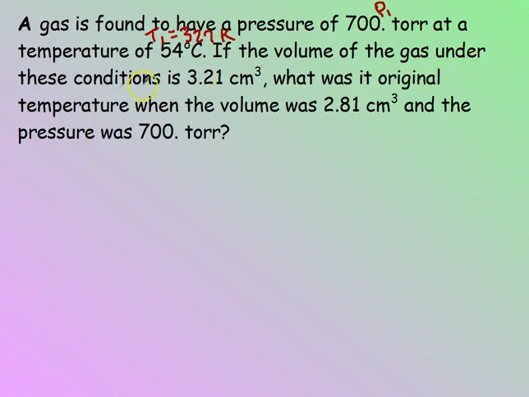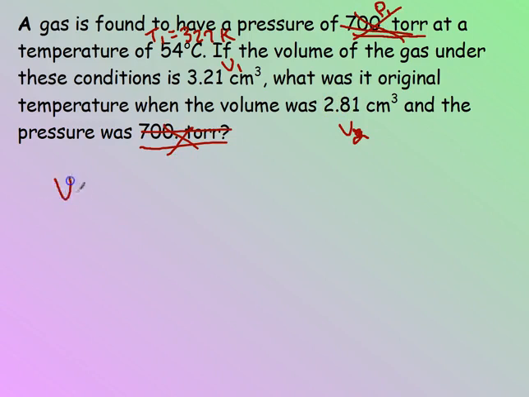If the volume of the gas under these conditions is 3.21 centimeters cubed, that would be volume 1. What is the original temperature when the volume was 2.81 centimeters cubed? So there's another volume, volume 2. And the pressure is 700 torr. This pressure is the same as pressure 1. So since they're the same, I can ignore pressure. I can pretend it's not there because it's not going to affect my answer.